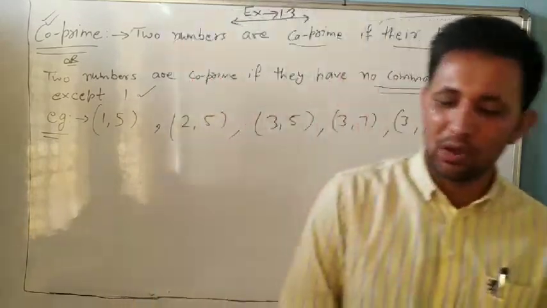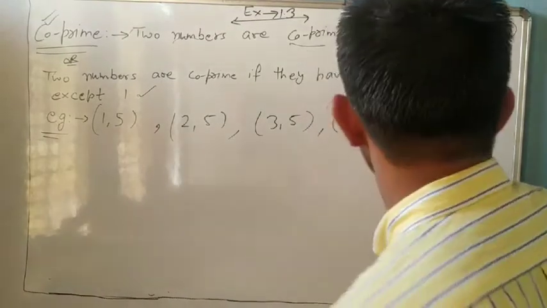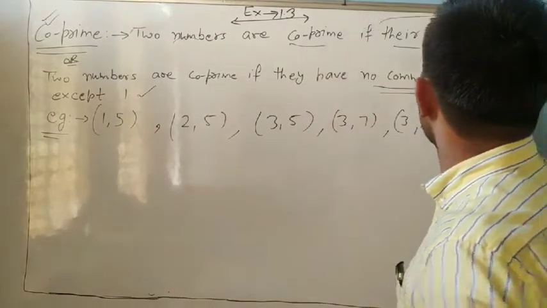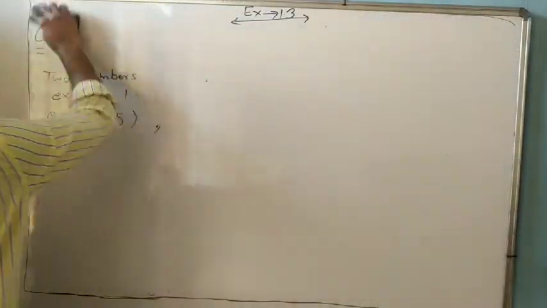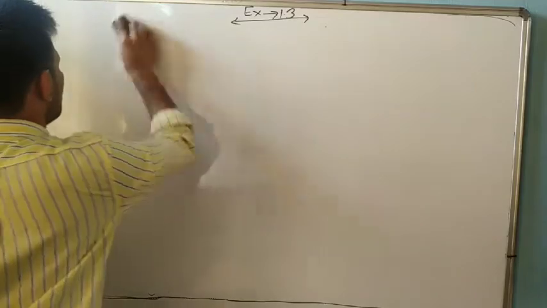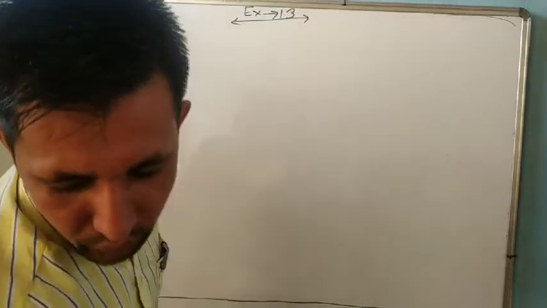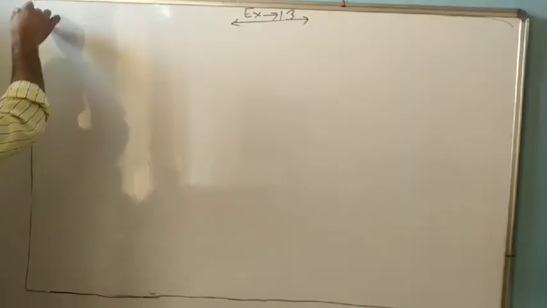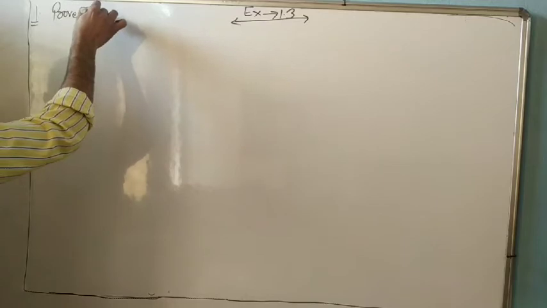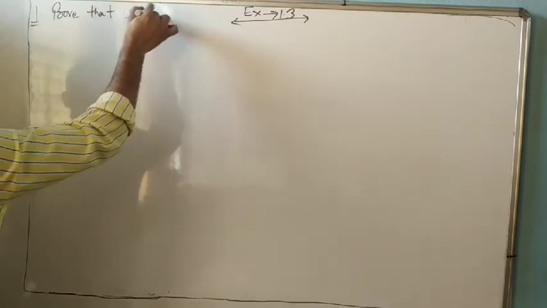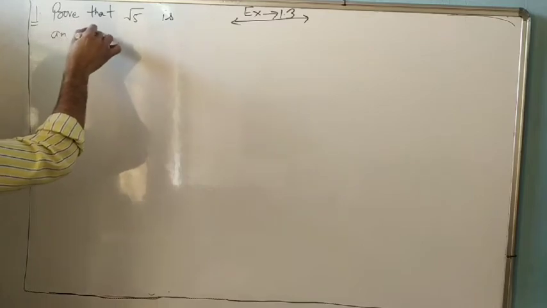Okay, so now we will start our exercise 1.3. Look at 1.3, question number 1. It's very important, but you have to give some attention. So the first question is, prove that root 5 is an irrational number.